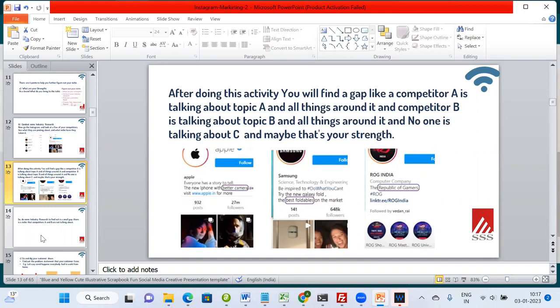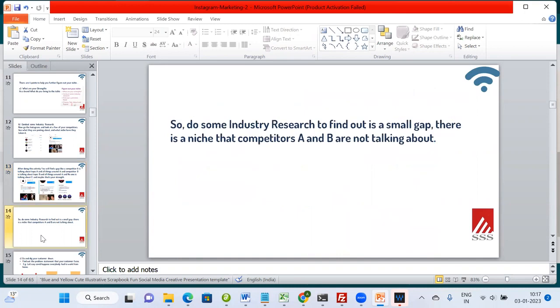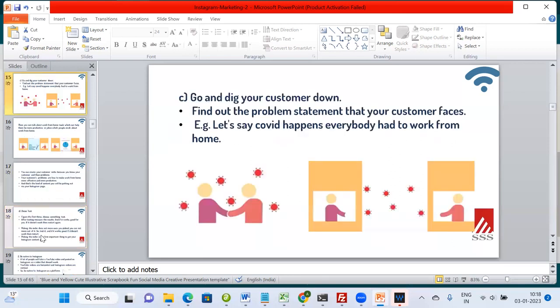So now we have to decide how we will come up, because these things are already being offered to the customer. We have to decide something new, something different, so that our audience will be interested in our product also. So do some industry research to find out the small gaps. There's a niche that competitors A and B are not talking about, and then we can decide what we have to offer to our customer.